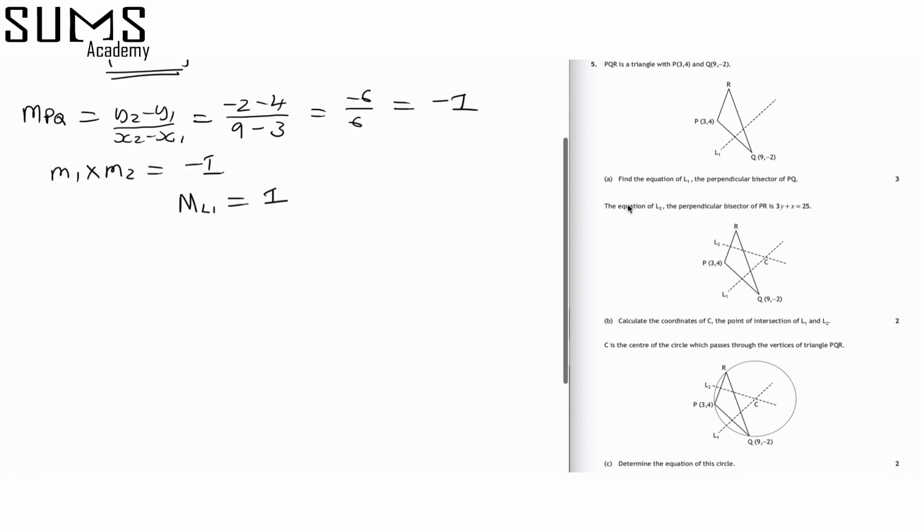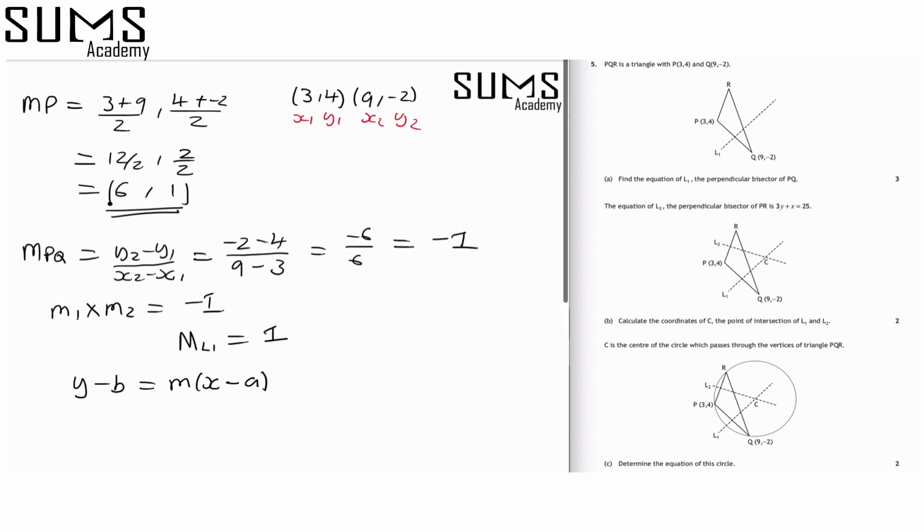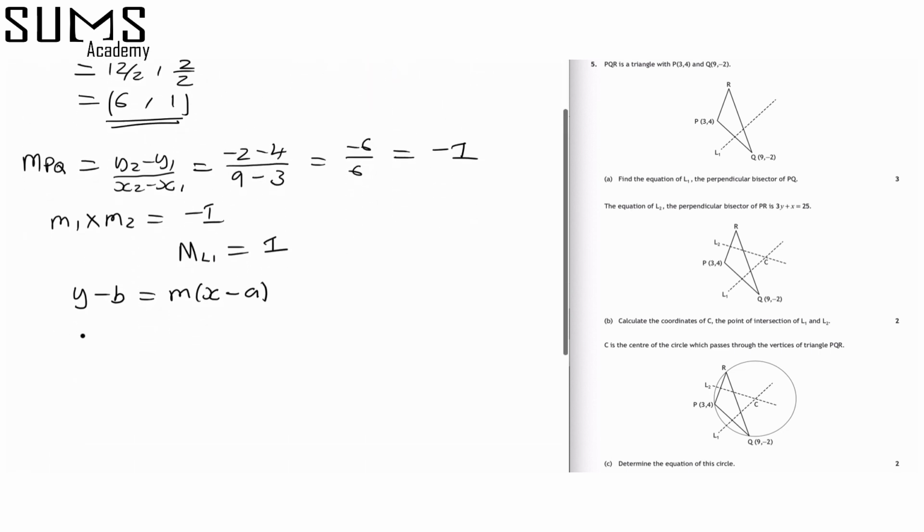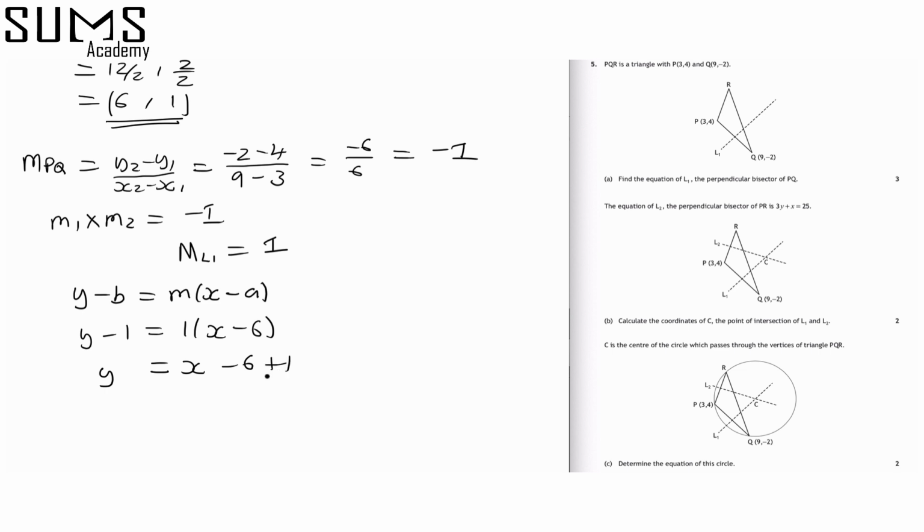So our last step here is to sub this information into the equation for the straight line, which is y minus b equals m(x minus a), and we're using the point (6, 1) because that is the point that cuts the line. So y minus 1 equals 1(x minus 6), which gives y equals 1 times x is x, and then 1 times that is negative 6, plus 1.